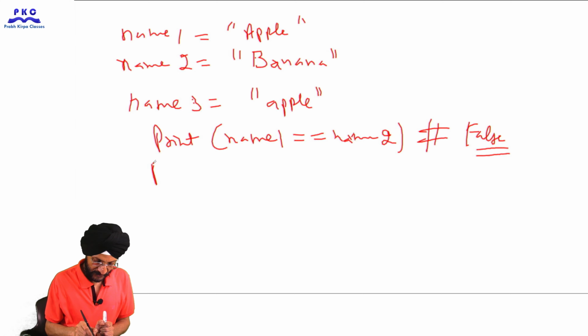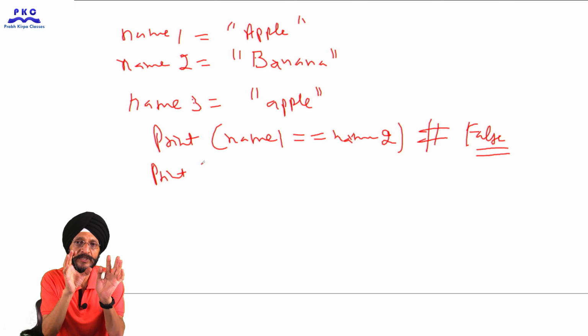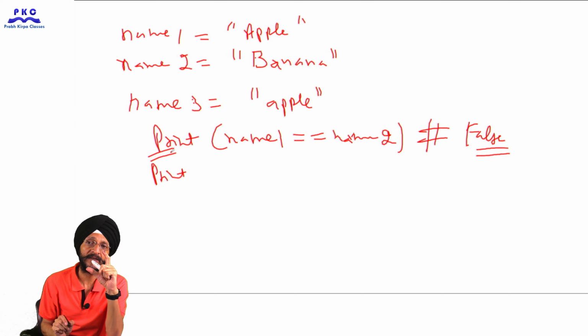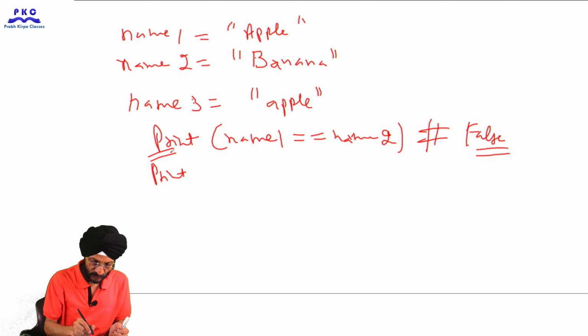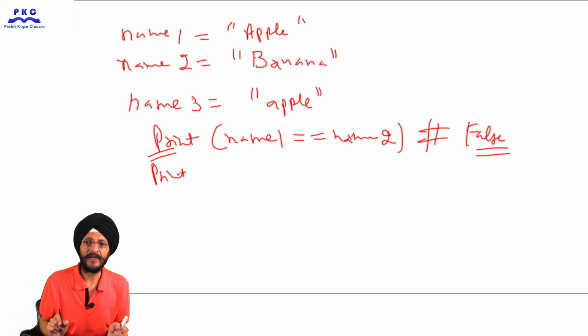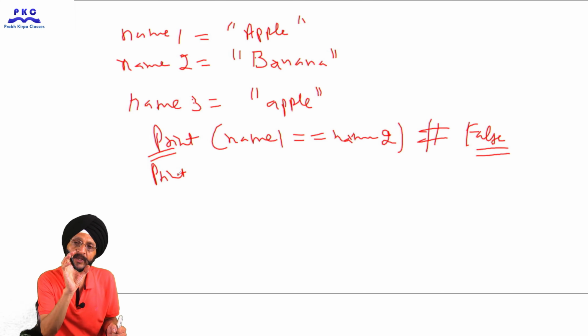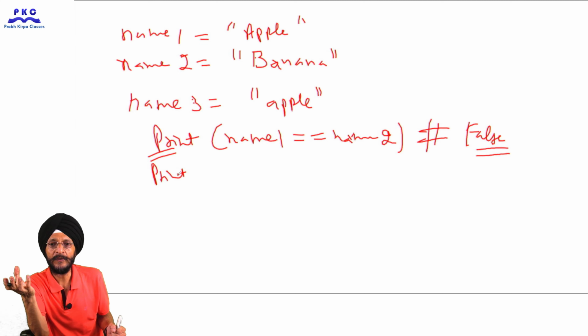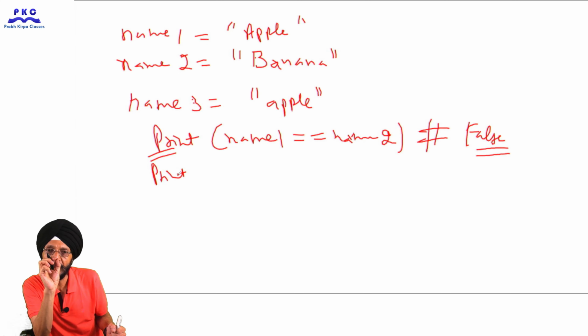Next, when we are using the print function, please note that though I am writing P in capital letter, it has to be in small letter. It is only while writing that we are using uppercase. When we write it in the code editor, we will write print with P in lower case.